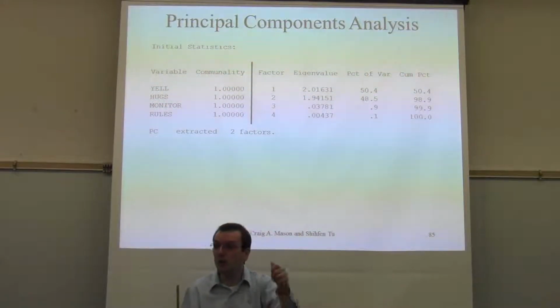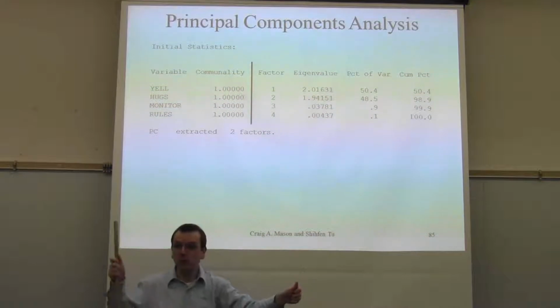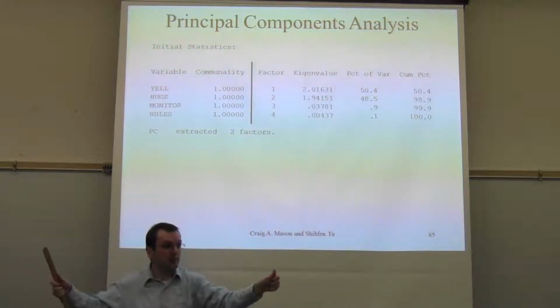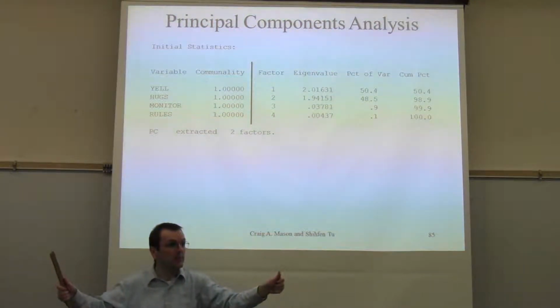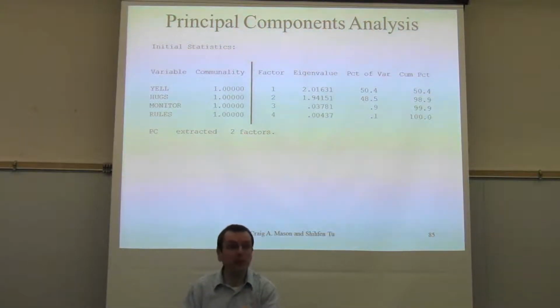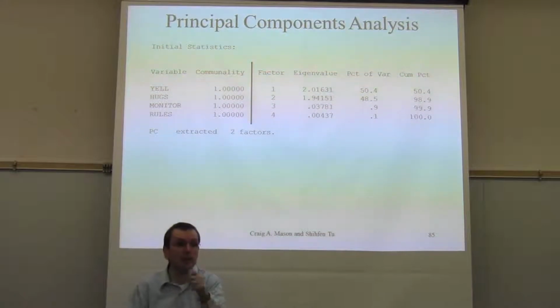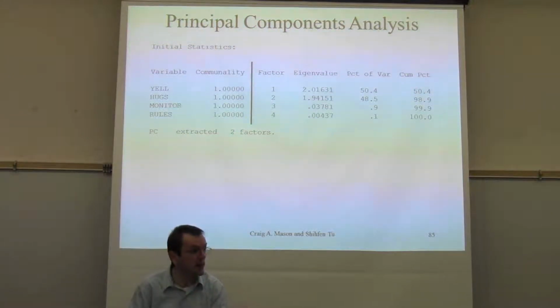So where R-squared goes from 0 to 1, eigenvalues go from 0 to however many variables you've got. And where R-squared tells you how much variance in a variable you're understanding, the eigenvalues tell you how much variability, how much information in a correlation matrix you are accounting for.